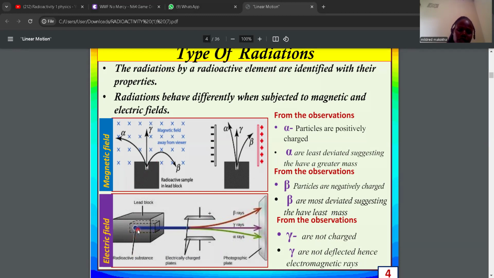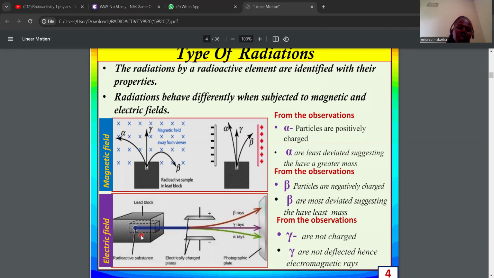For the electric field, we have a radioactive substance that is placed within a lead block. When this substance undergoes radioactive decay, radiations are emitted.